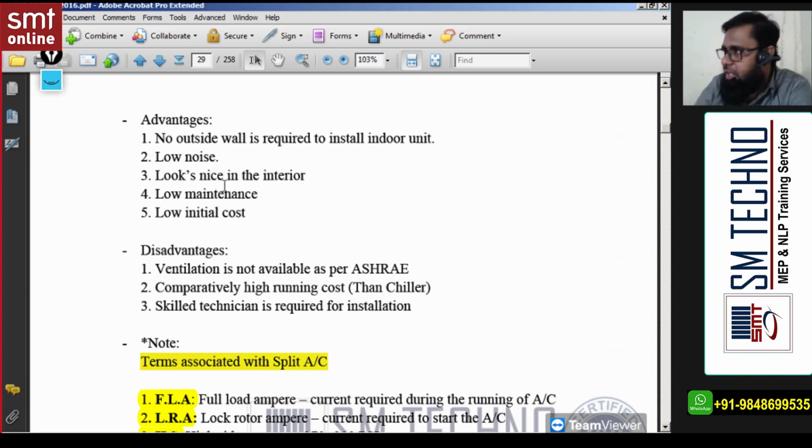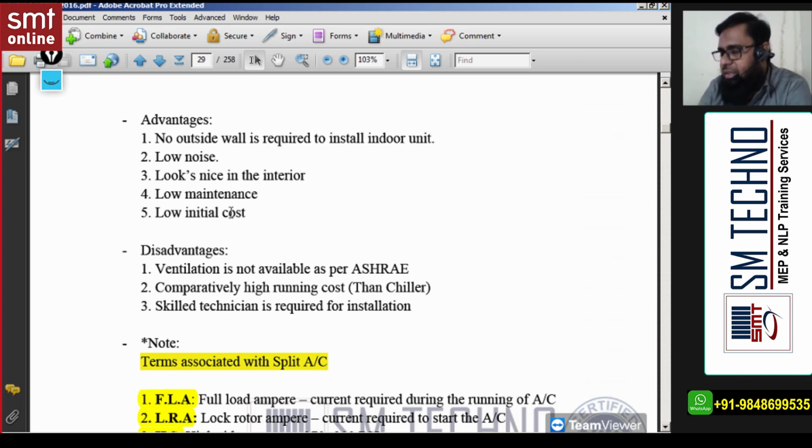Okay. Next, low maintenance and low initial cost. Low initial cost again is compared with the higher central air conditioning system, not with the window. Compared with the window, the cost is more, but overall the costing is limited. It's available at around 30,000 or up to 50,000, 1.5 to 2 TR, even with 5-star rating.